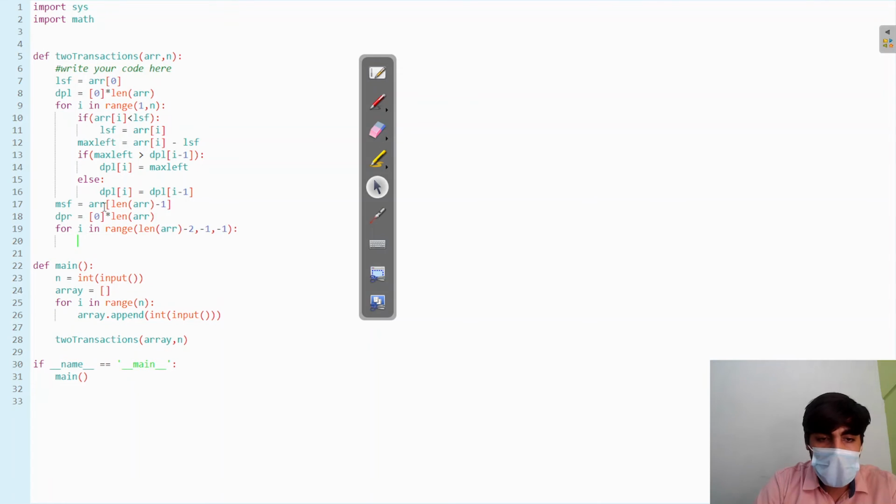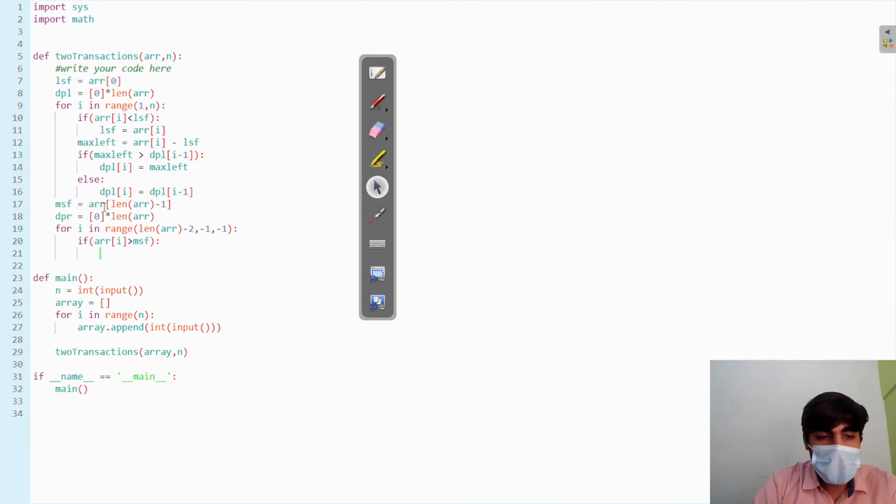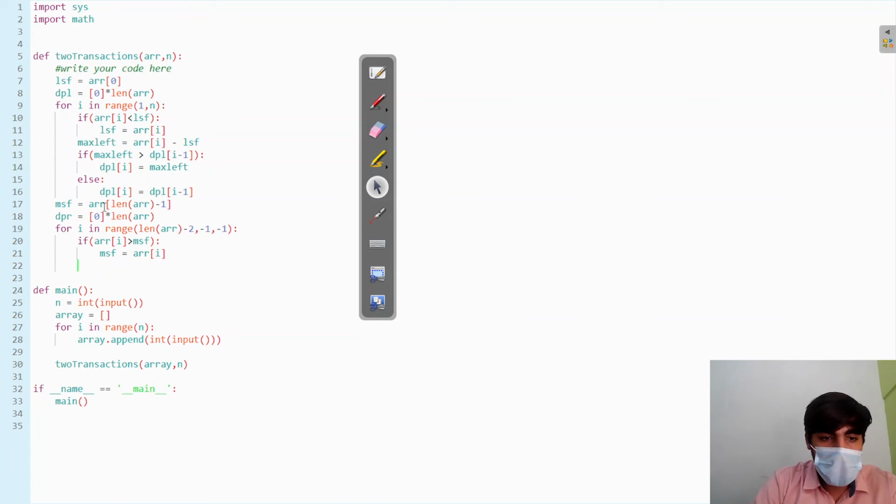Now I am checking if today price is greater than max so far, like we are looking for the maximum one, then MSM becomes ARR of I. Now max right. What is max right? Maximum so far minus today price.